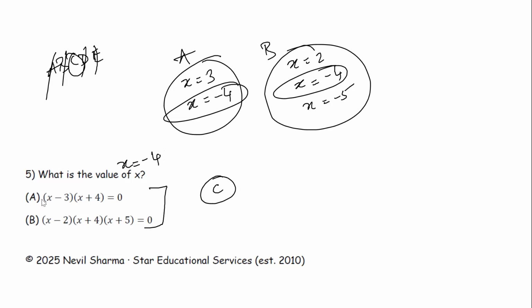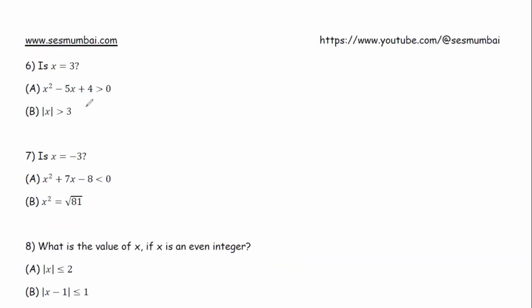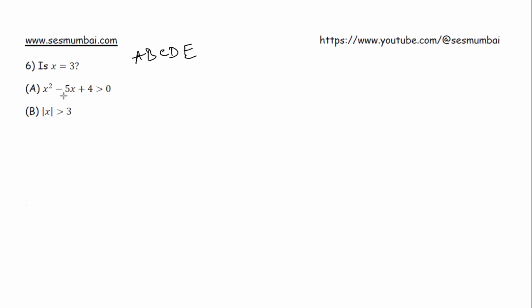Okay. Question 6. Is x equal to 3? The first statement tells us x square minus 5x plus 4 is greater than 0.